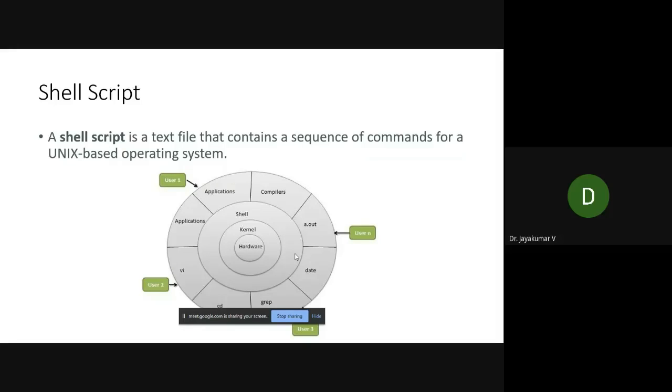Let me ask you a simple question. Can you differentiate between a Windows environment and a Linux environment? Nothing wrong, whatever you know, you can just say.